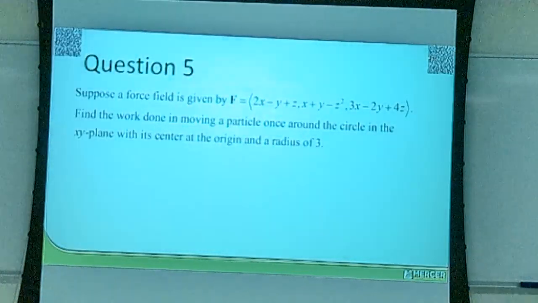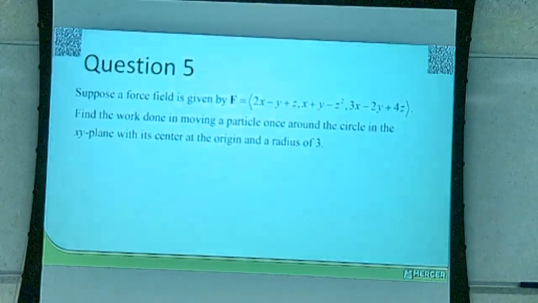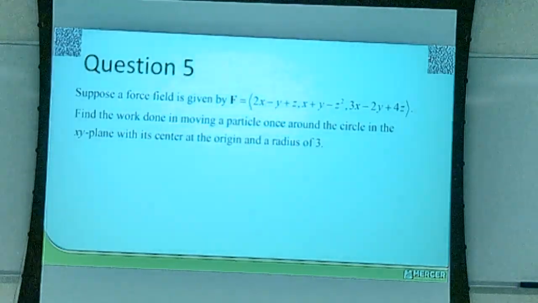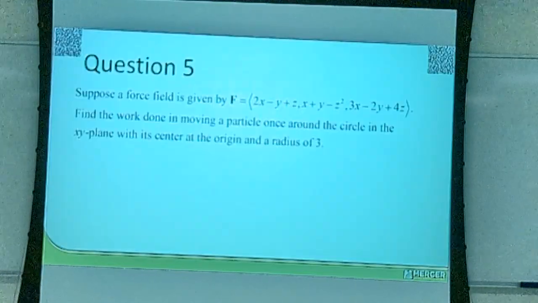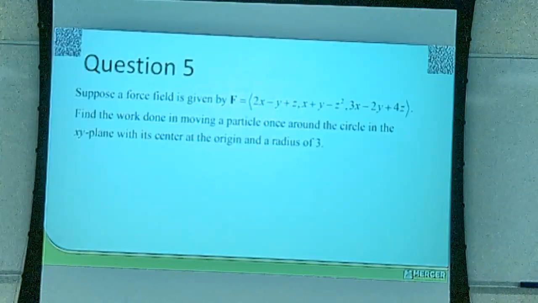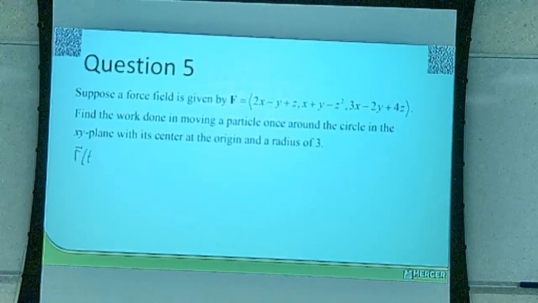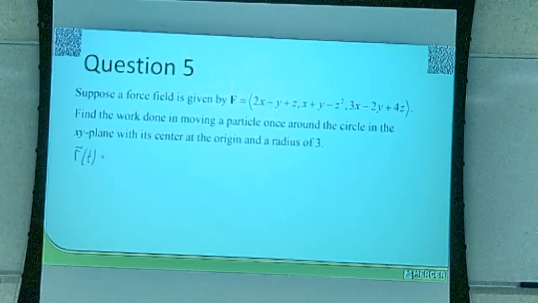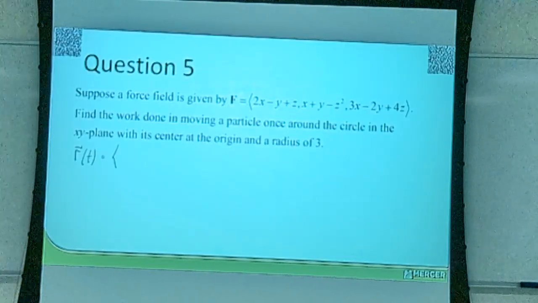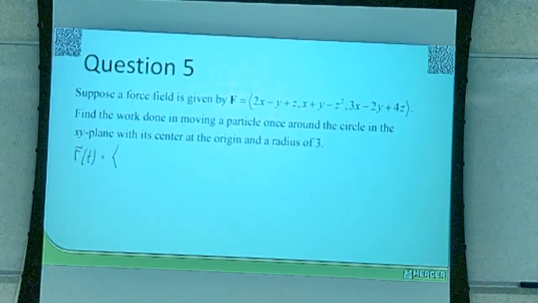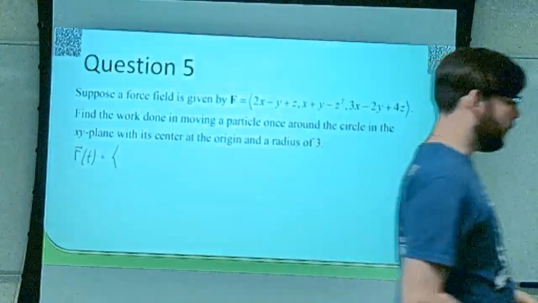Force field is given by that. Find the work done in moving a particle once around the circle in the xy plane with its center at the origin and a radius of 3. First thing we need to do is parameterize the path that we're going along. So, circle of radius 3, center at the origin: 3 cosine t, 3 sine t.